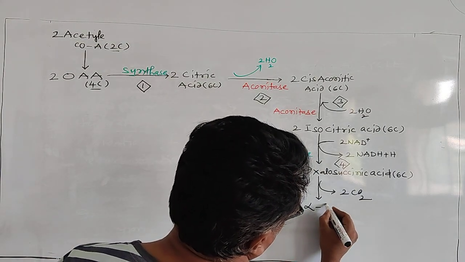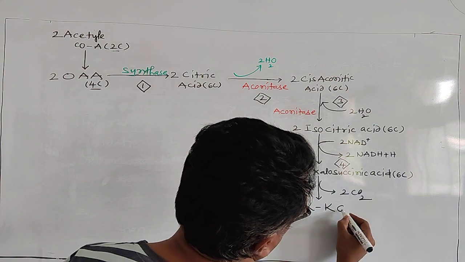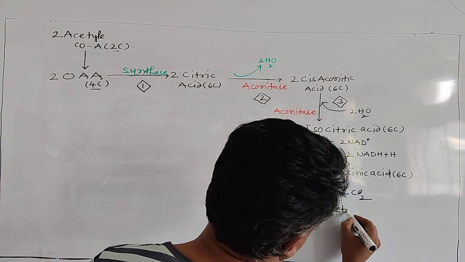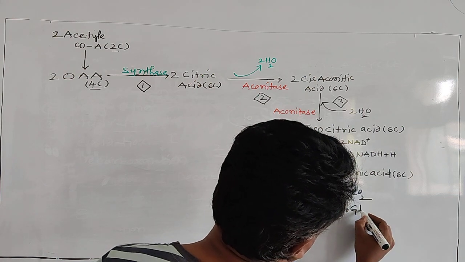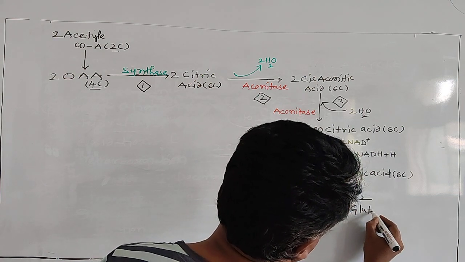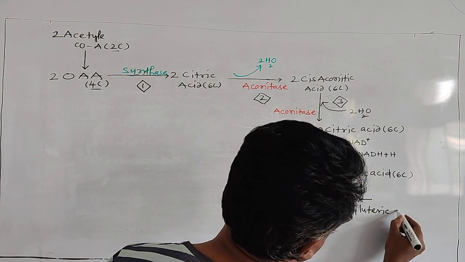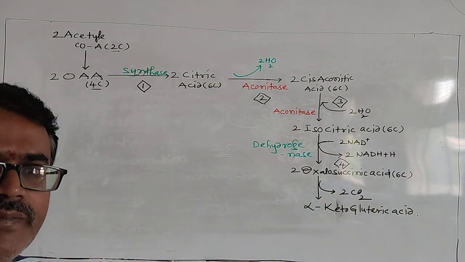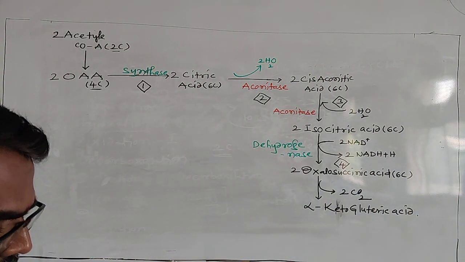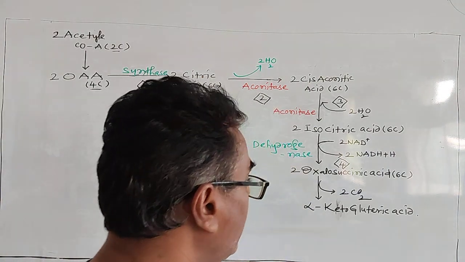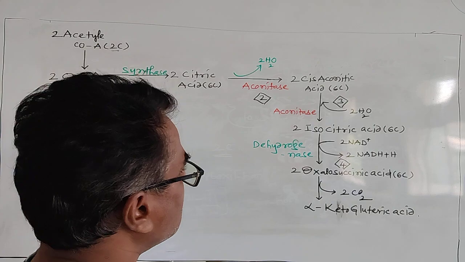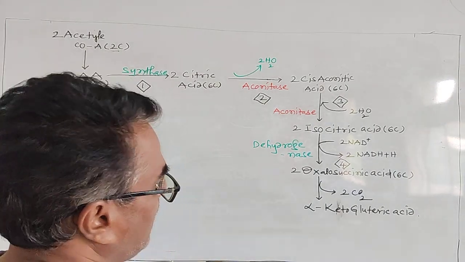Alpha ketoglutarate acid. Here one enzyme is required, that is decarboxylase.